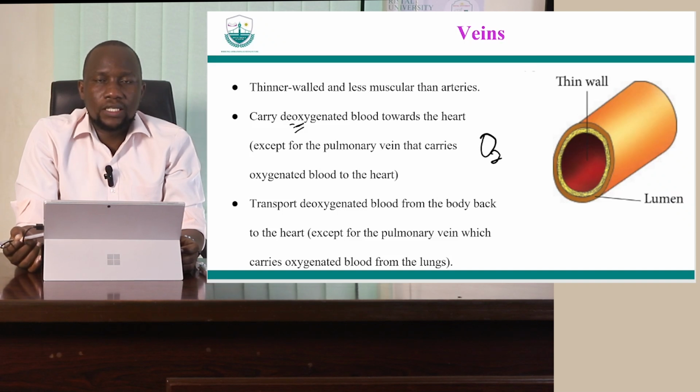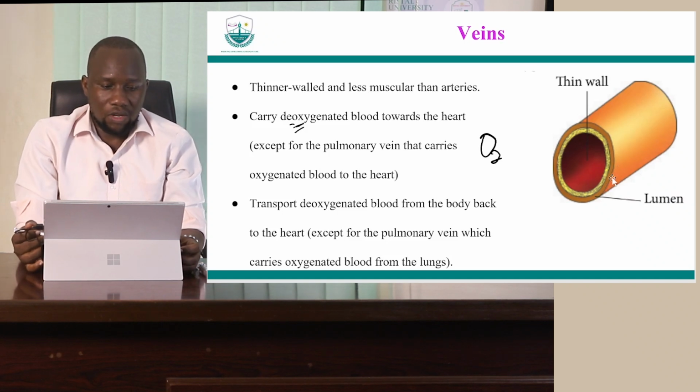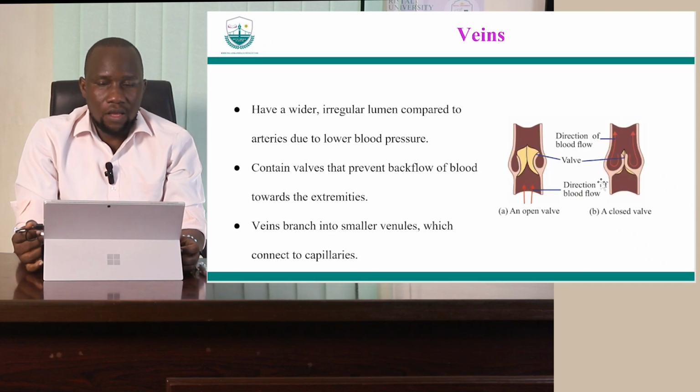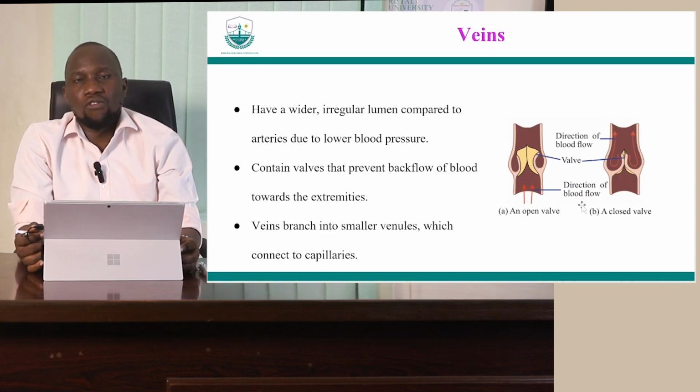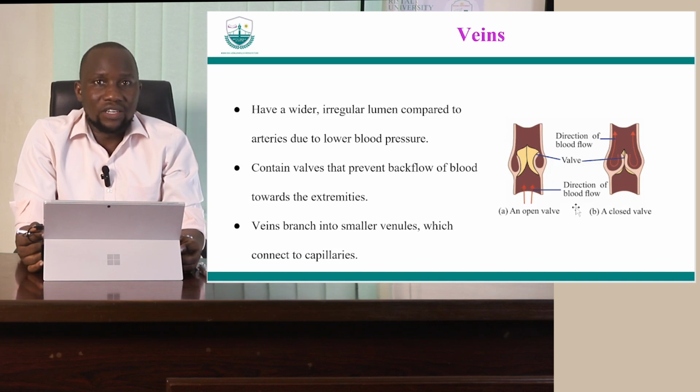If I am to repeat, the vein has a larger lumen compared to the arteries. The walls are not as thick as the arteries, and the function is bringing blood from the different organs to the heart. They have something that the arteries don't have. The veins have valves, and these valves allow for flow of blood in one direction.